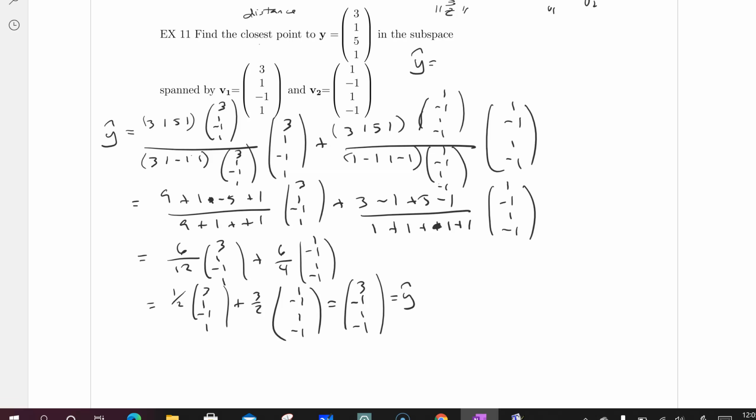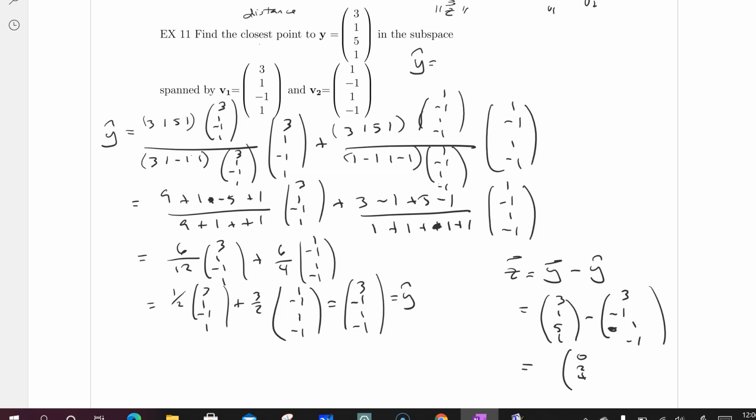If I want to find the length of z, the z is y subtract y hat. So my original y, (3, 1, 5, 1), subtract off my y hat, (3, -1, 1, -1). My z gives me (0, 2, 4, 2).